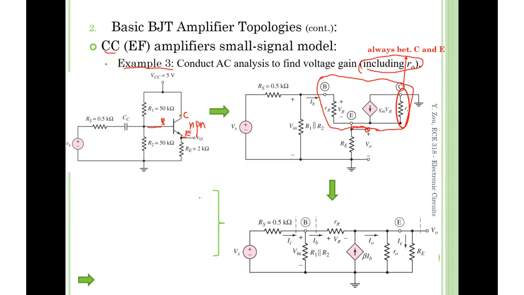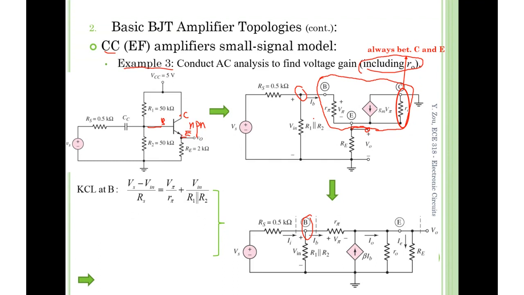All right, let's see the solution for the equations. Based on this circuit, it is very clear that I want to do a KCL at the base. This KCL at the base was one of the equations we had in the previous example, and it is commonly used in these examples.